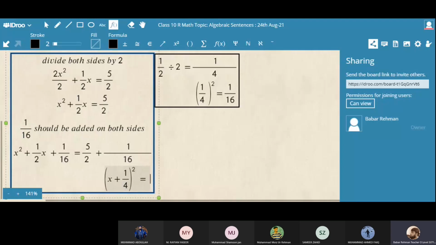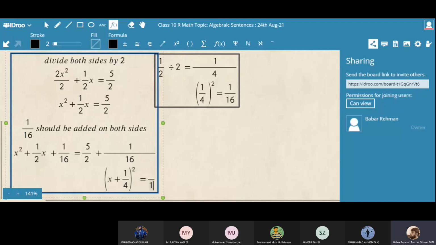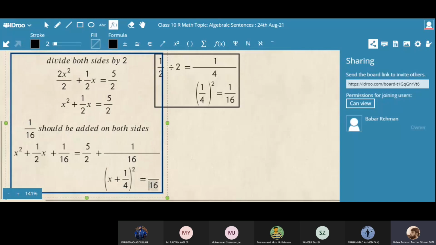If you take LCM 16, can anybody tell me now what comes here if 16 is the LCM? Yes, Ahmed Faik.